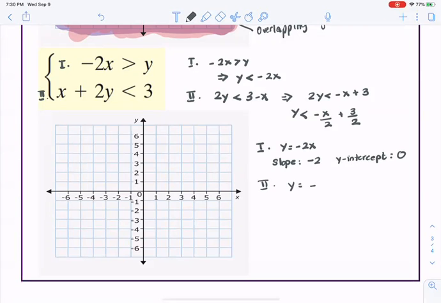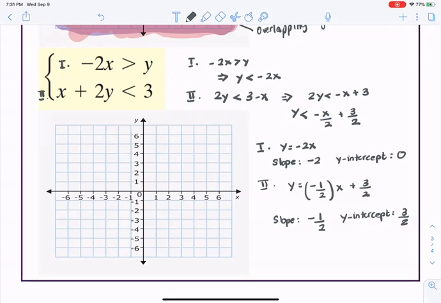I could write it as negative 1/2 times x plus 3 over 2. So the slope is negative 1/2, and y-intercept is 3 over 2.